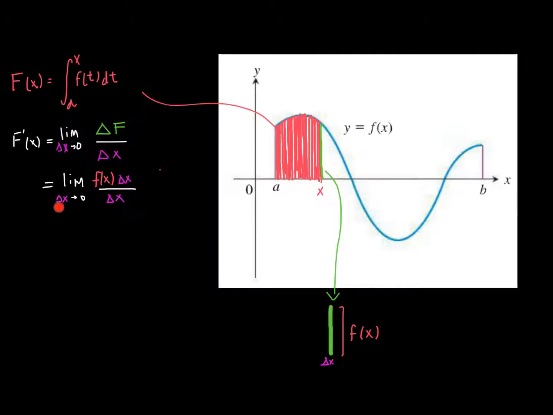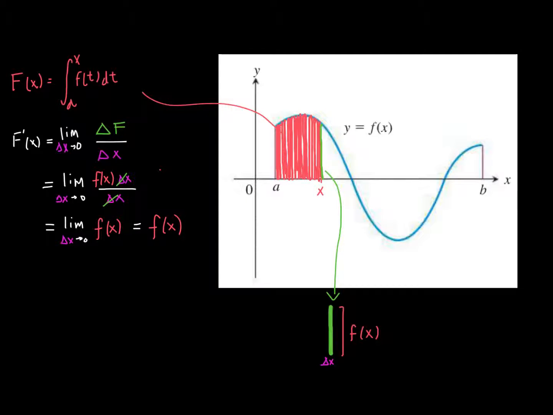Since we're approaching when delta x is 0, we're never actually getting there, we are free to make the simplification that delta x over delta x is 1. And we're simply evaluating the limit as delta x approaches 0 of f of x. Well, this is a real piece of cake because the value of f of x does not depend on what delta x is, and so we are able to evaluate this limit. It is simply equal to the value of f of x.